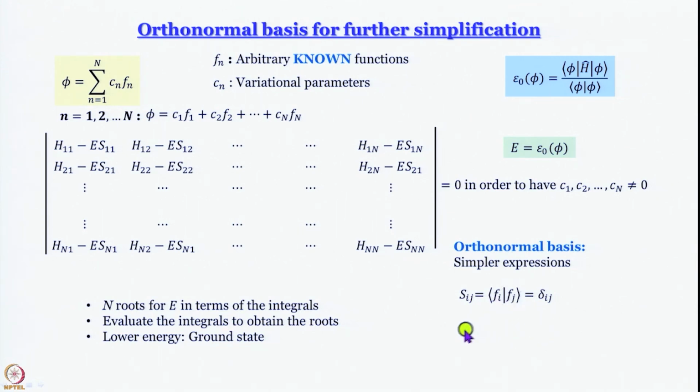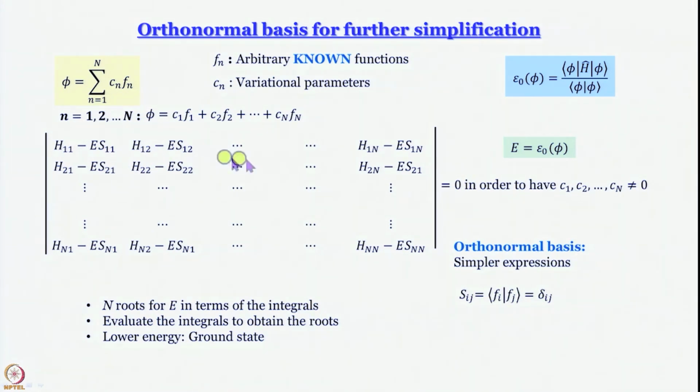We know that when i is equal to j, you get 1, provided fi and fj are normalized, and of course we are saying that they belong to an orthonormal basis set. So, they are normalized, and if i is not equal to j, then once again, remember they belong to an orthonormal set, so this integral becomes 0.